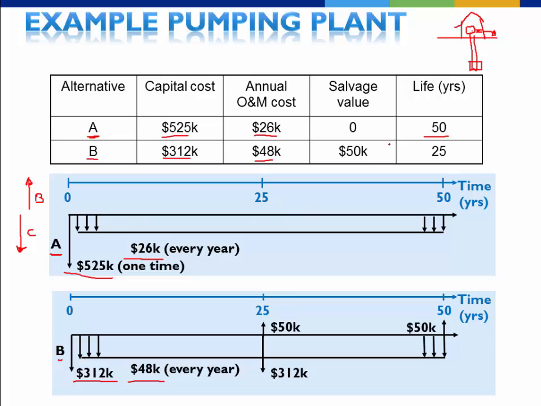This has a life expectancy of 25 years. So at the end of these 25 years, you sell some of the equipment and then do it all over again. Buy the same equipment, do the same layout, have the same operation and maintenance cost, and again save it.